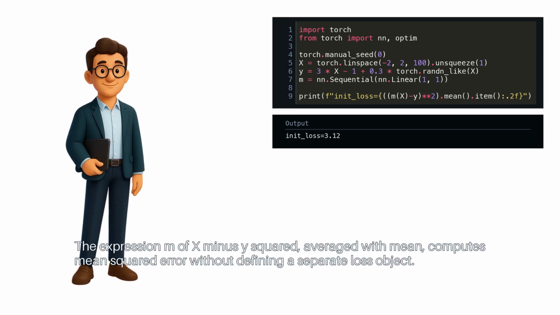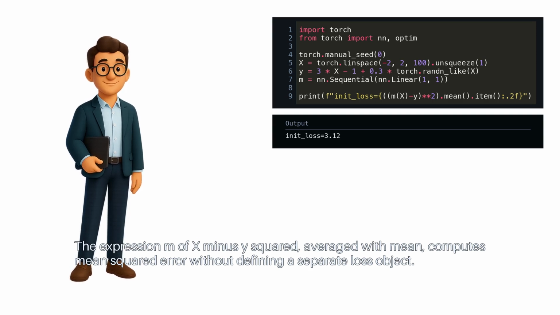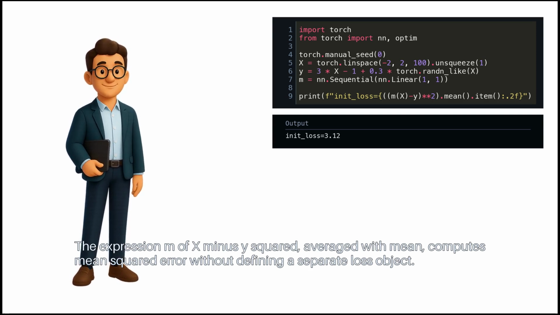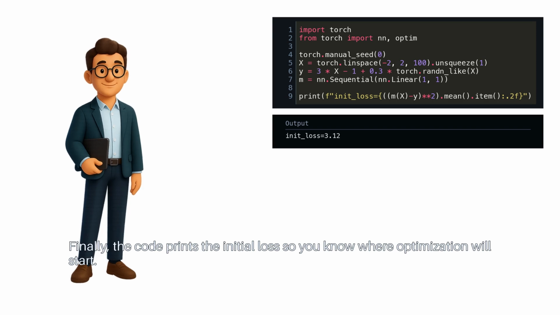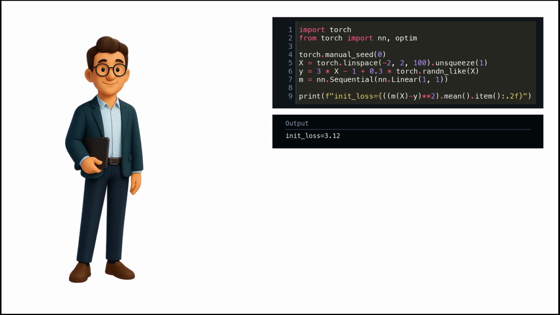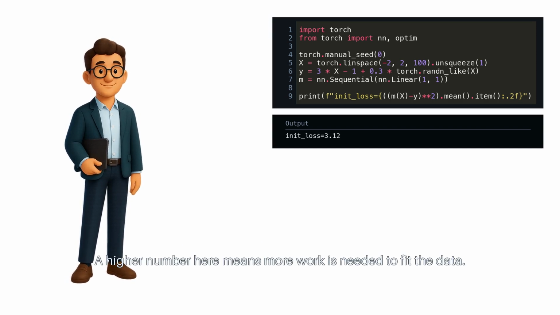The expression (m(x) - y) squared, averaged with mean, computes mean squared error without defining a separate loss object. Finally, the code prints the initial loss, so you know where optimization will start. A higher number here means more work is needed to fit the data.